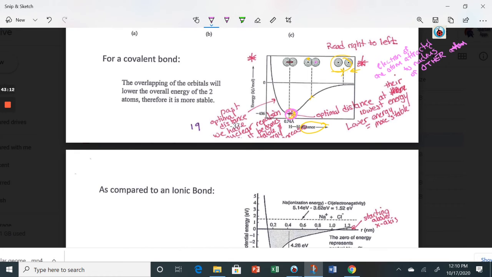It's the optimal distance. When you start bringing them closer together, so when we go this way on the chart, things are getting closer together. And now you're going to start to have repulsion of the nucleus. So you start going up, up, up, up. And the 0 point is where you're really making a change. And it's not so much that it's 0 energy.